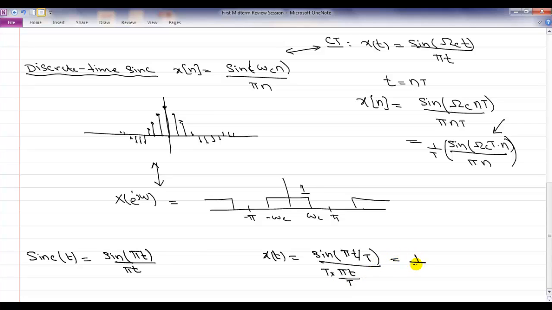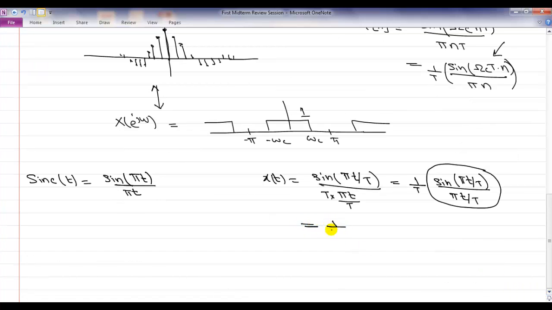I get 1 over T, sine pi t over capital T times pi t over capital T. And if this is your definition of a sinc, that whatever is the argument of sine has to be the same in the denominator, then you will say this is just equal to 1 over T sinc of t over capital T. So it's just a normalization factor, and if you have learned that this sinc has amplitude 1, well, because of this 1 over T factor, your amplitude now will be, instead of 1, 1 over T.